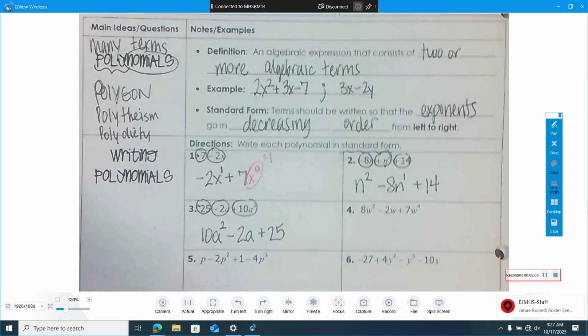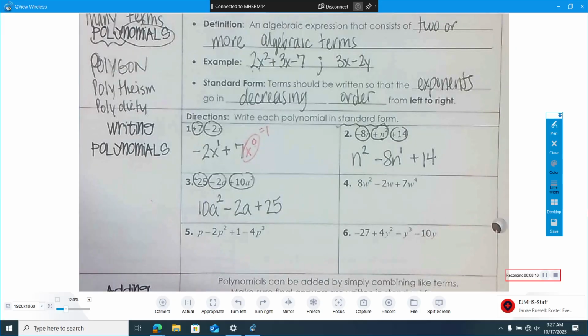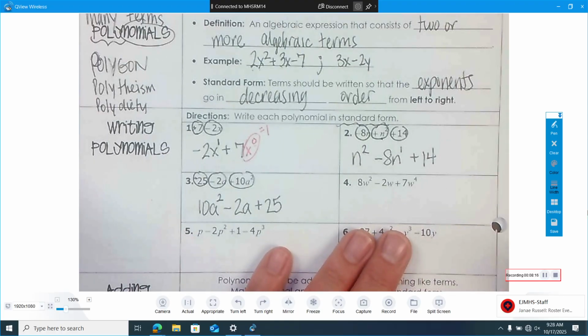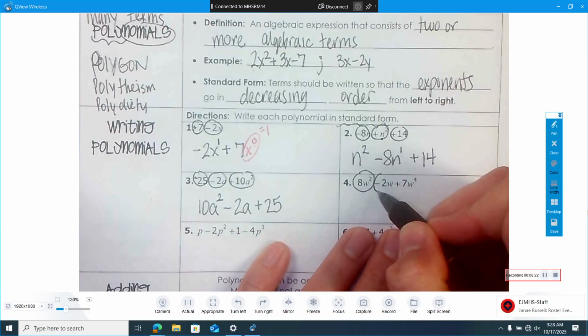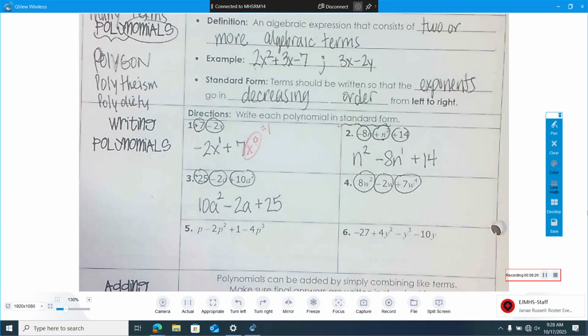Yeah, it's pretty easy. Let's look at number 4. How many terms do you see? 3 terms. What are our 3 terms? 8w squared. Negative 2w. Positive 7w to the 4th. Good, good, good. Which one should come first?